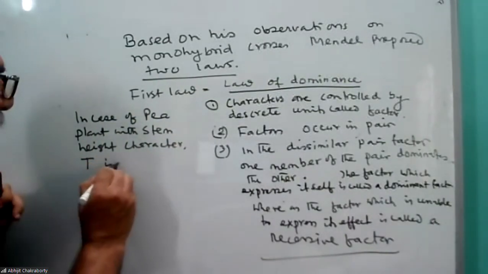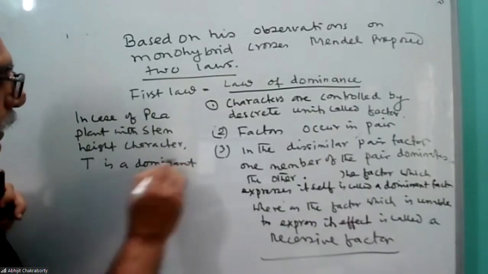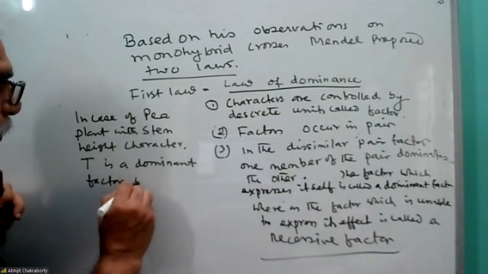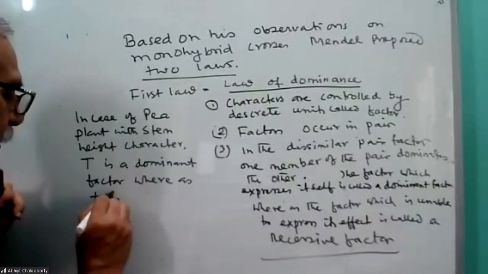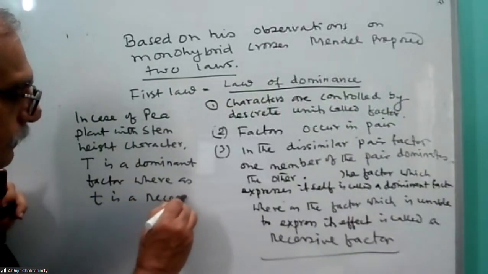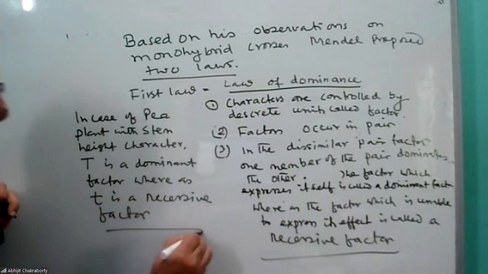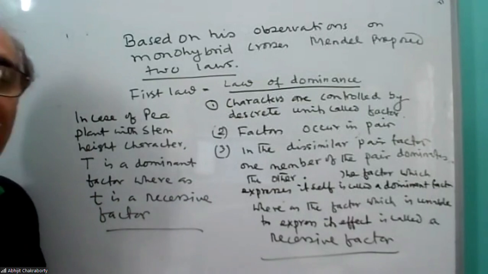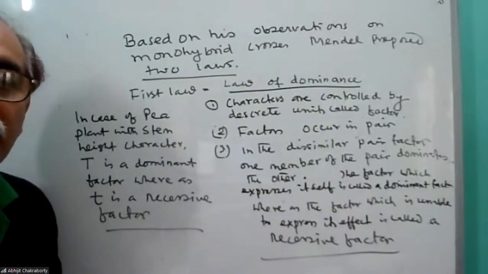capital T is a dominant factor, whereas small t is a recessive factor. Is it clear up to this? Is it clear? Yes, sir.